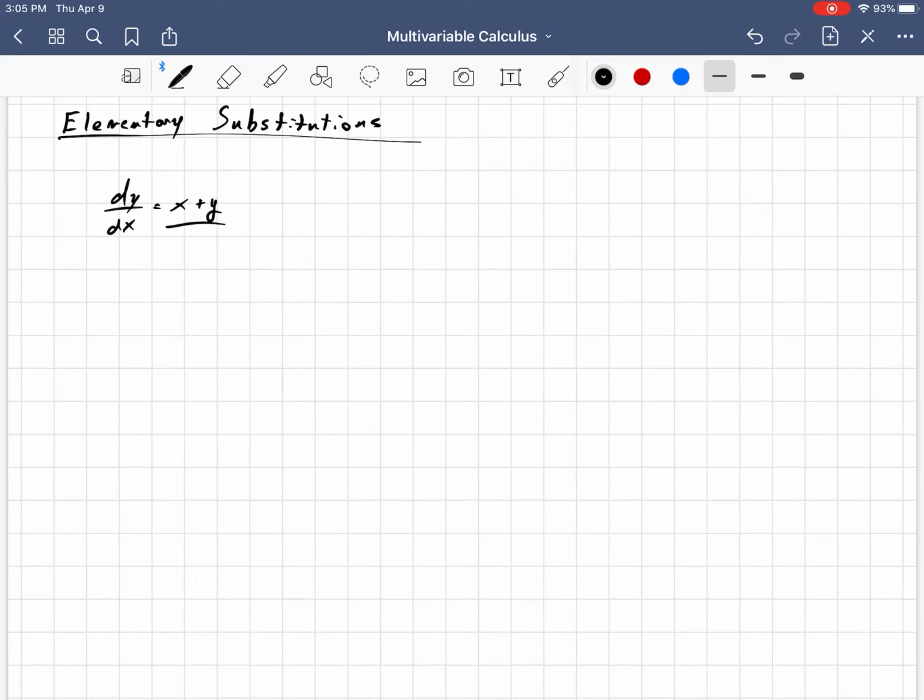What's the only thing sticking out to you? It's this x plus y, right? If this weren't a plus, if it were just one term, then the equation would be separable. So you could say, well, I'm going to let z be equal to x plus y. And then dz is dx plus dy. So dy, I'm going to multiply by dx on both sides, is z times, now dx is dz minus dy.